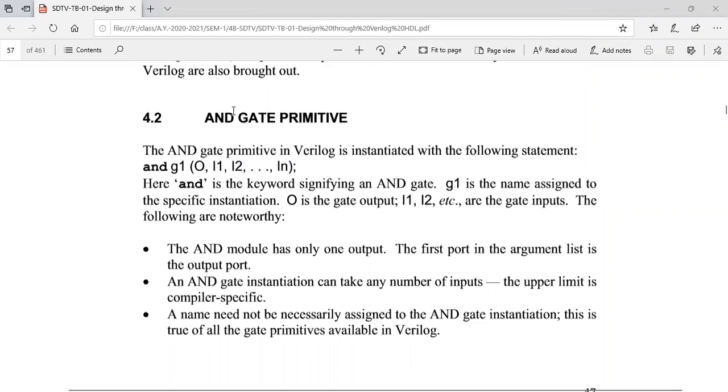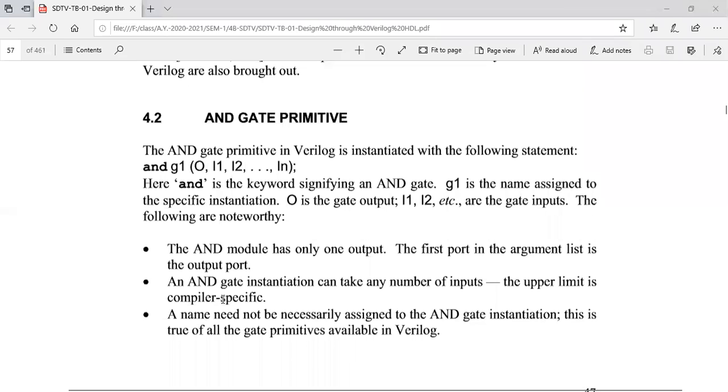Here I am not mentioning a 2 input AND gate or 3 input or 4 input AND gate. When we instantiate it, we can have any number of inputs. Generally, the number of inputs for this AND gate depends upon the compiler specific.